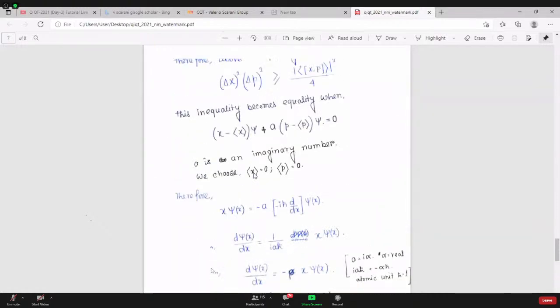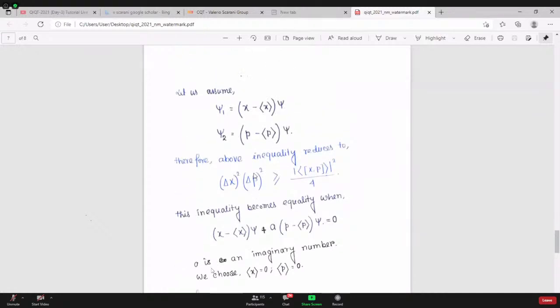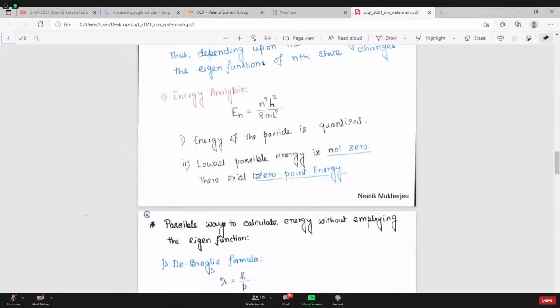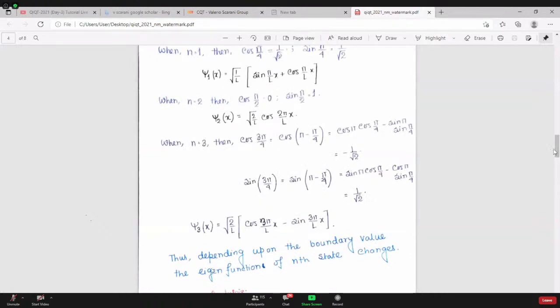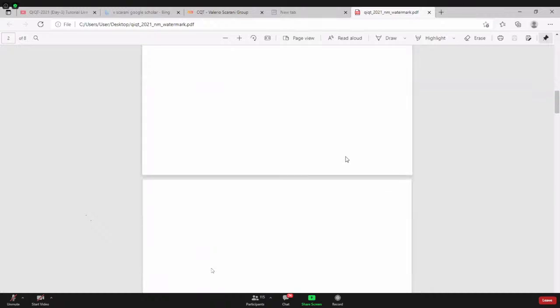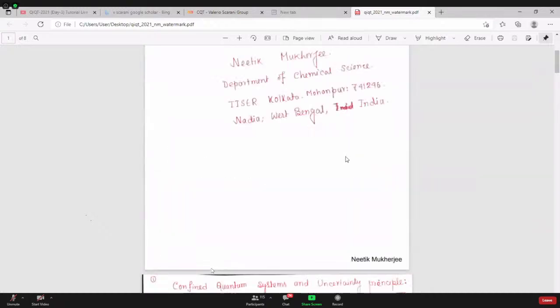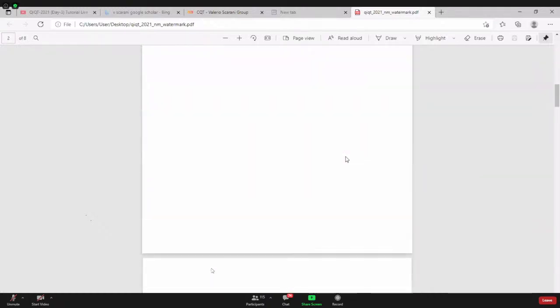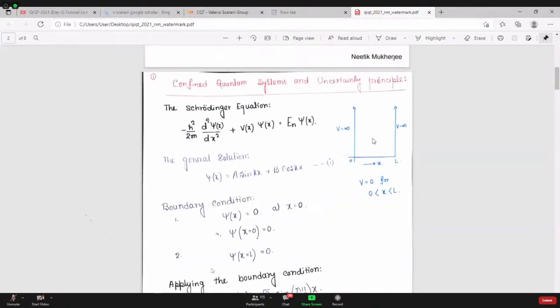Sir, I have a doubt regarding the particle in a box. Inside the box we take V equal to 0. That is also an assumption, right, sir? Means V can be constant. Yes, in reality that is an assumption, but this is the most primitive model of quantum confinement. Then again, you can put V inside the box, then its wave function will change accordingly.